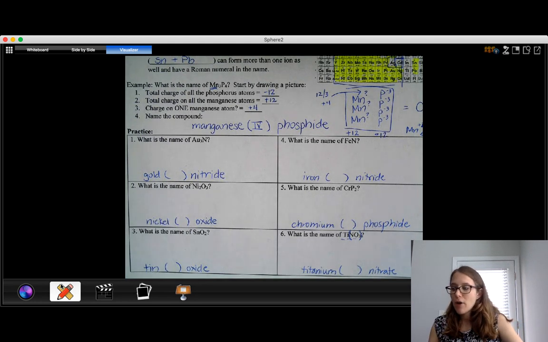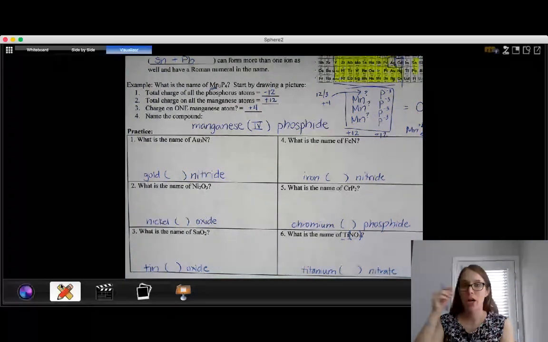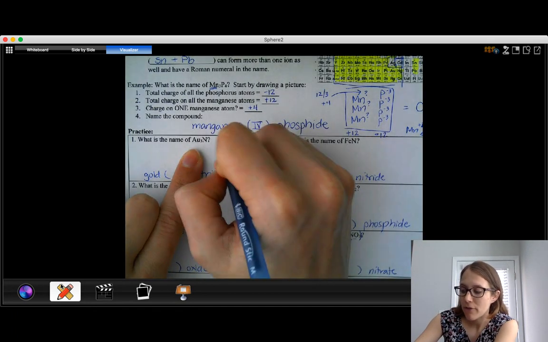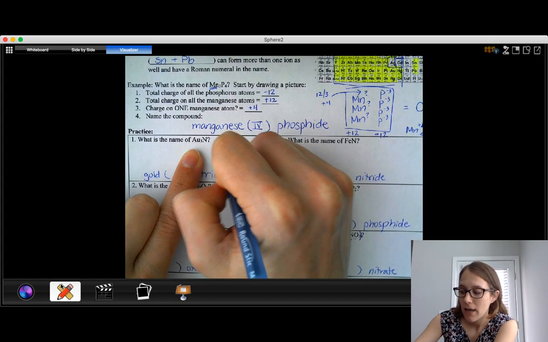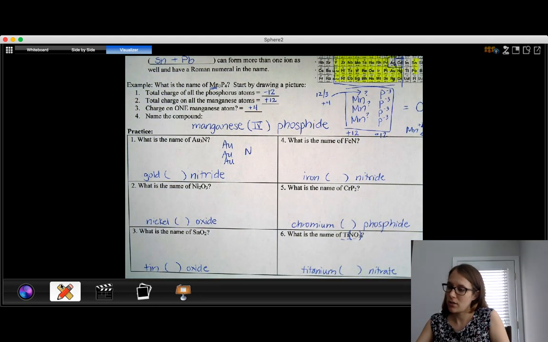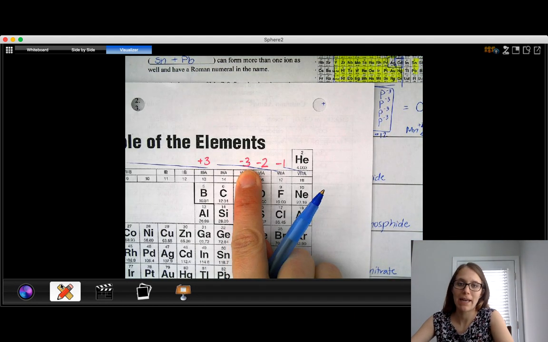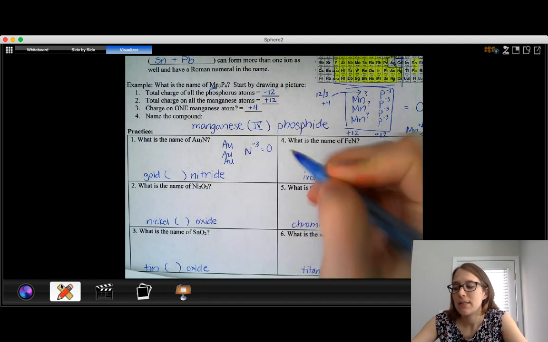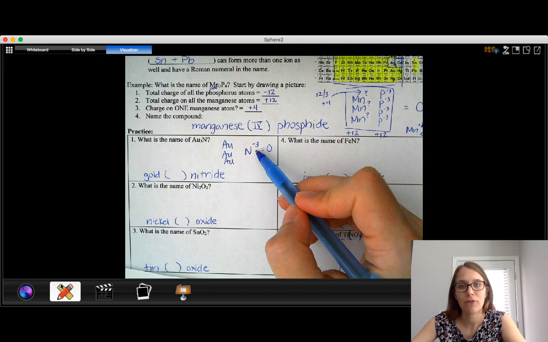All right, so from here, we can go ahead and try to figure out the charges. So if we look at our first example, we have 3 Au and we have nitrogen. So if I look at nitrogen, nitrogen has a charge of -3. And so if I want this whole thing to be 0, I have -3 so far.